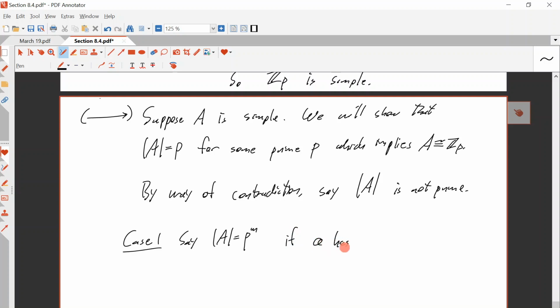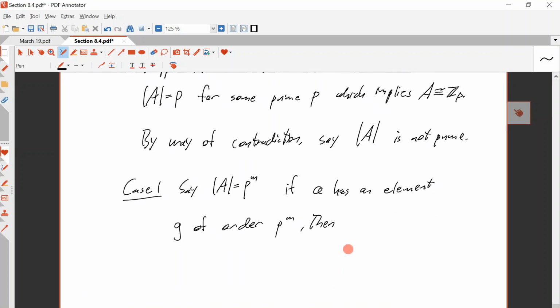If A has an element g of order p to the m, right, then... do we have to do it in 2 cases? Say A is not prime. Do we have to do it in 2 cases? Well, let's do it in 2 cases.